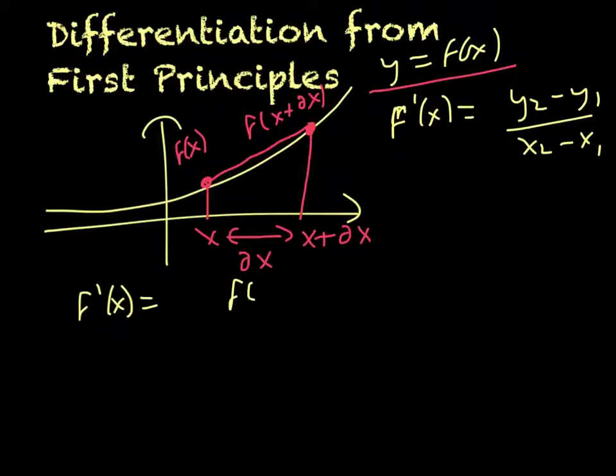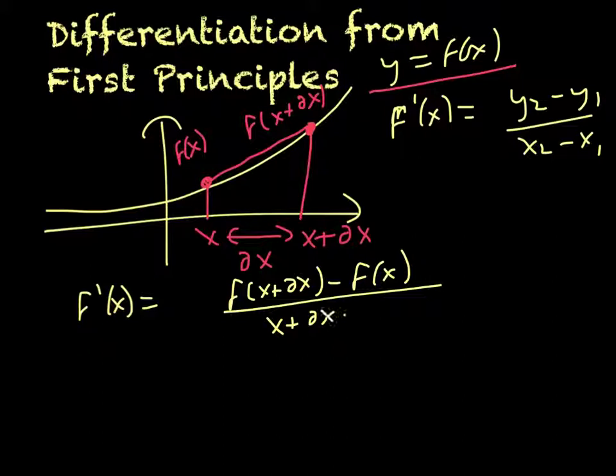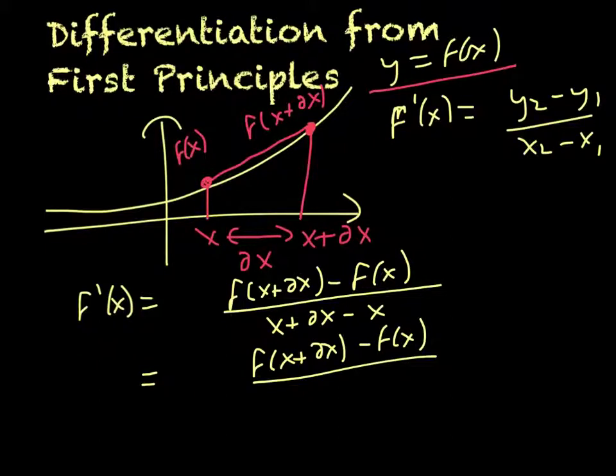We are still saying y2 subtract y1, and x2 subtract x1, and we end up with f of x plus delta x minus f of x over delta x. But as we've said, this line does not match this curve. It doesn't make sense to identify these 2 points in the curve and say, right, so it follows this pattern, this y2 minus y1, x2 minus x1. We can only find gradients in this form, though, building up this idea of this triangle.